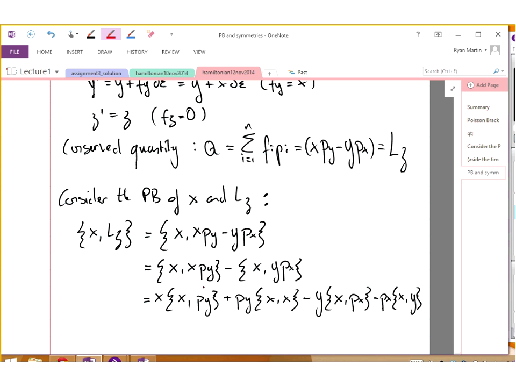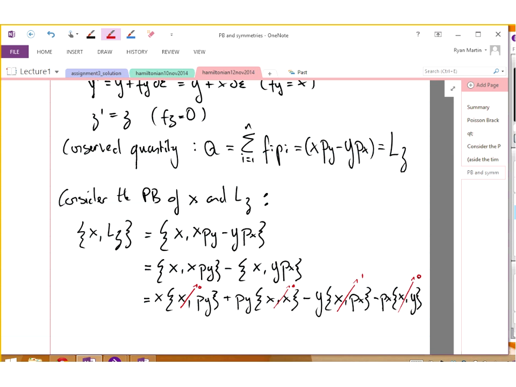Now most of these terms are 0. X with Py is 0. X with x is 0. X with Px is 1. And x with y is 0.